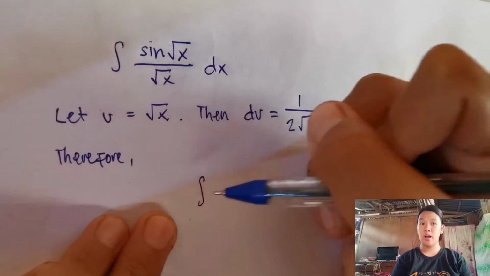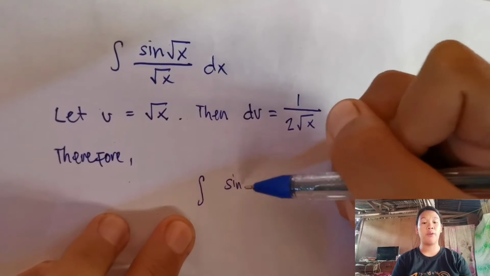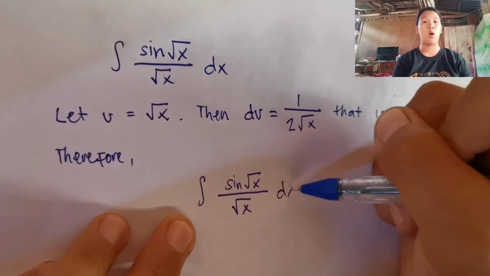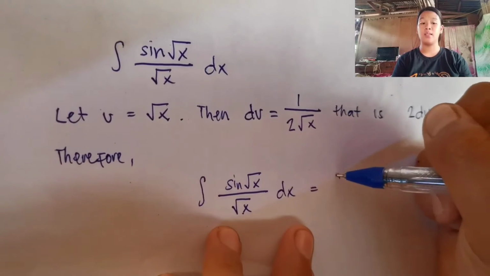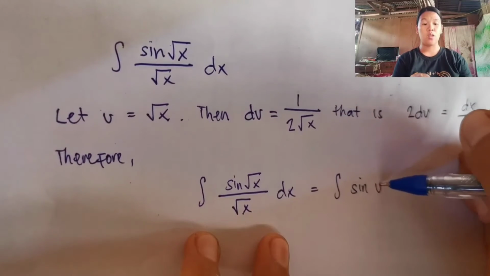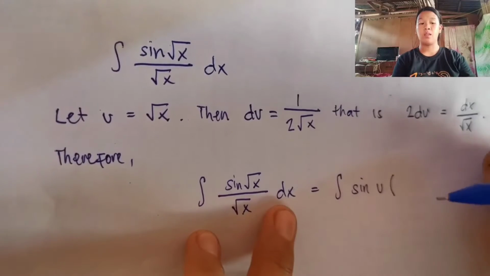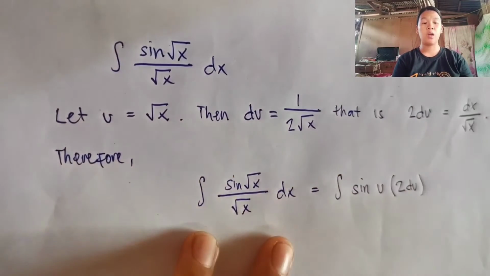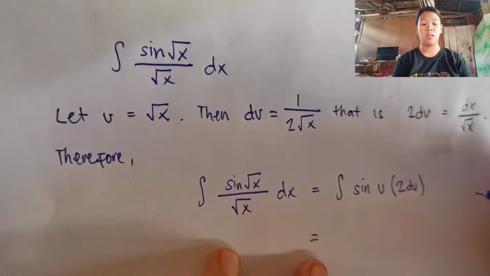the integral of sine square root of x over square root of x dx is equal to the integral of sine u times 2 du. Here, we take out the constant, which is 2.